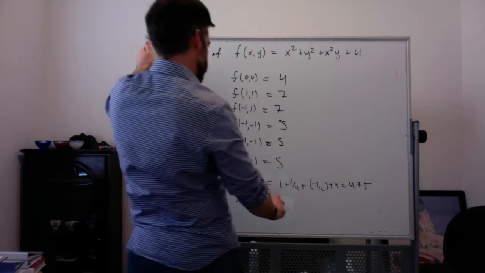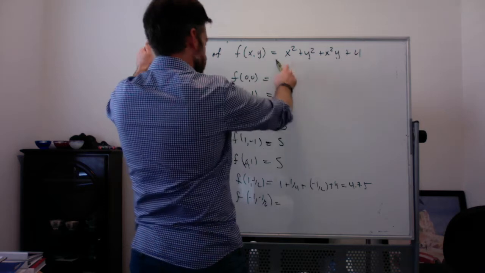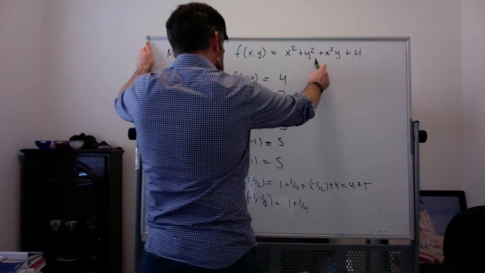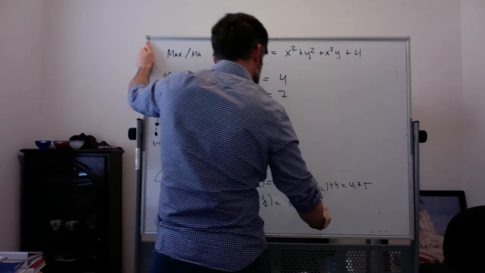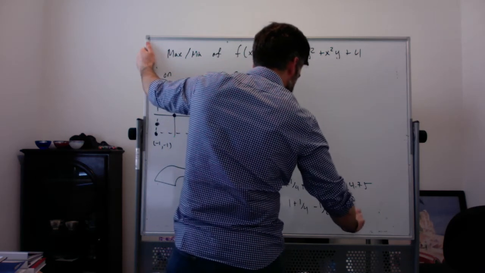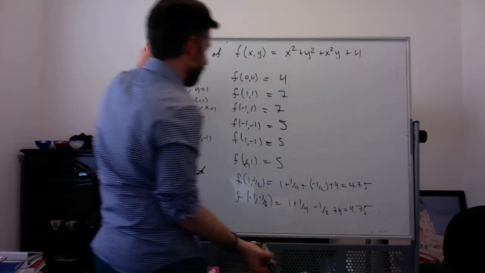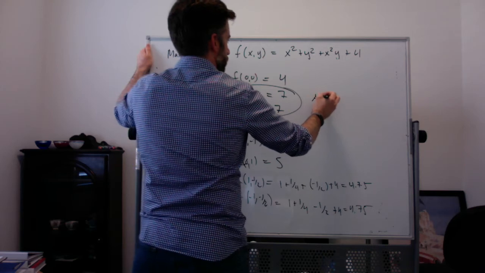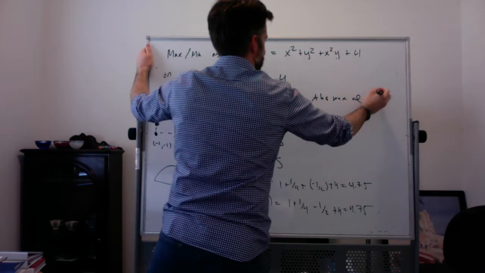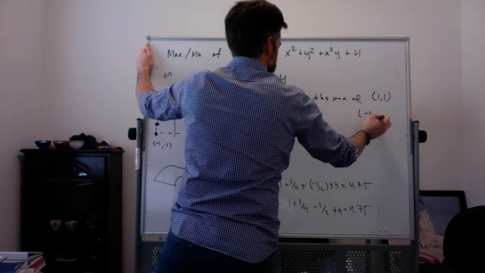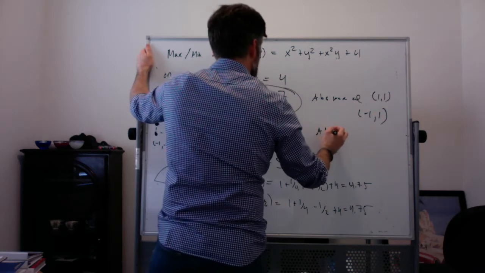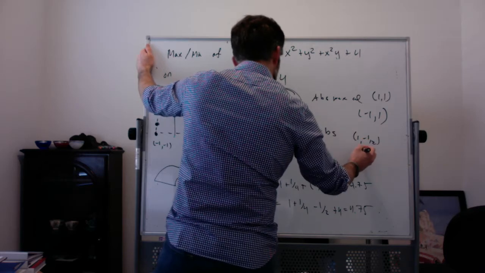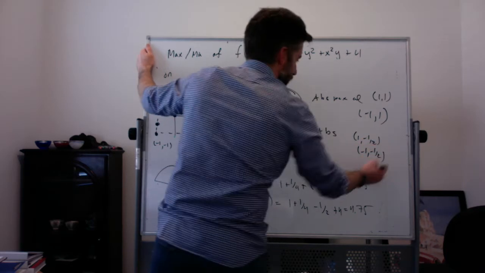And plugging in negative 1 half, we get 1 plus 1 fourth, also minus 1 half, it's going to be the same value. So we have absolute maxima at 1, 1 and negative 1, 1. Absolute minima at 1 comma negative 1 half and negative 1 comma negative 1 half.